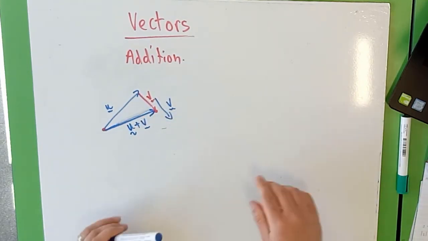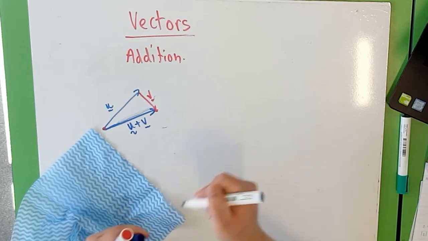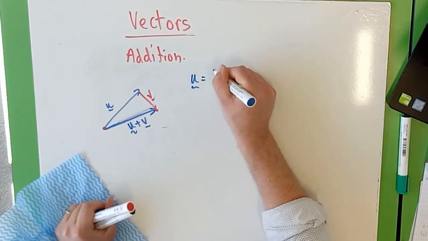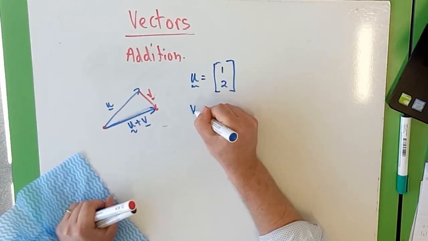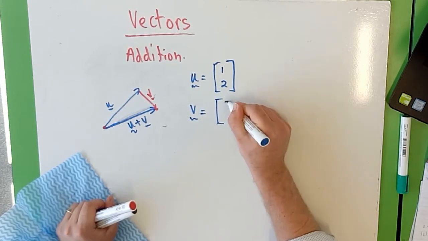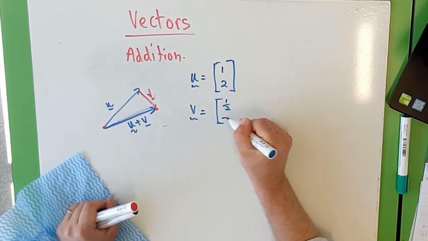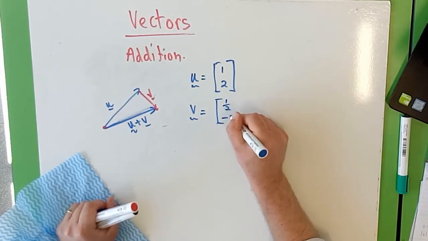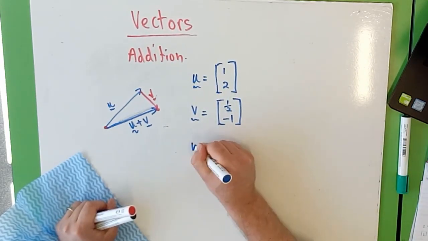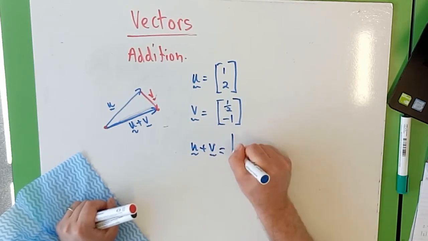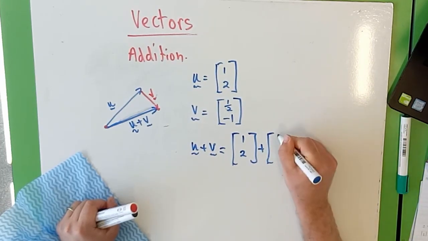And that's it. If u was written as a column vector, say u was equal to 1, 2, and v was equal to a half and negative 1, then when you add those vectors together, u plus v, you're just doing the matrix addition.